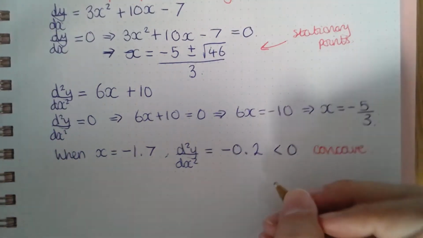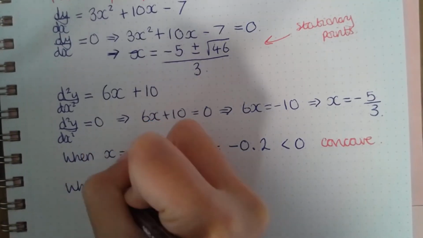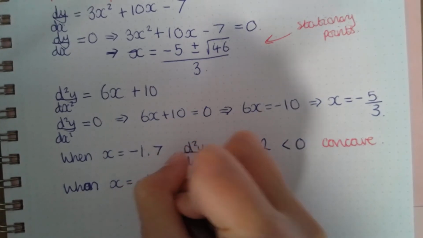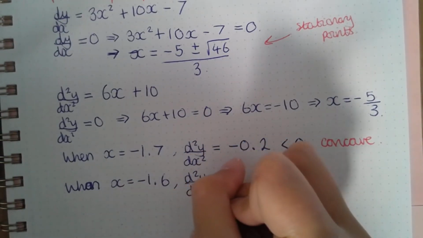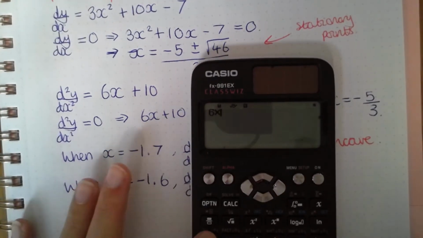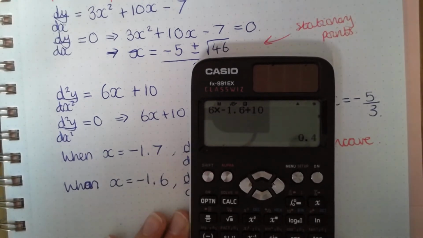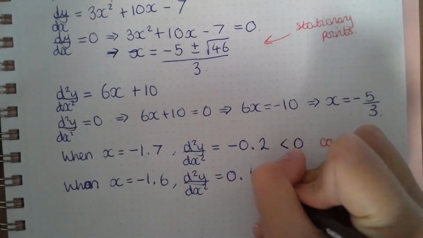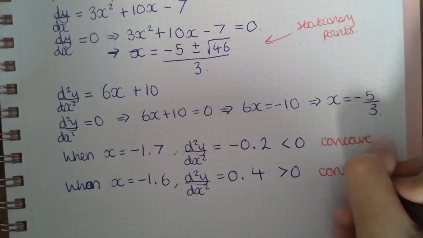And then we're going to try a value that's greater than x equals negative 1.6 recurring, so negative 1.6. Our second differential, so this time 6 times negative 1.6 plus 10 equals 0.4, which is greater than 0, which is convex.